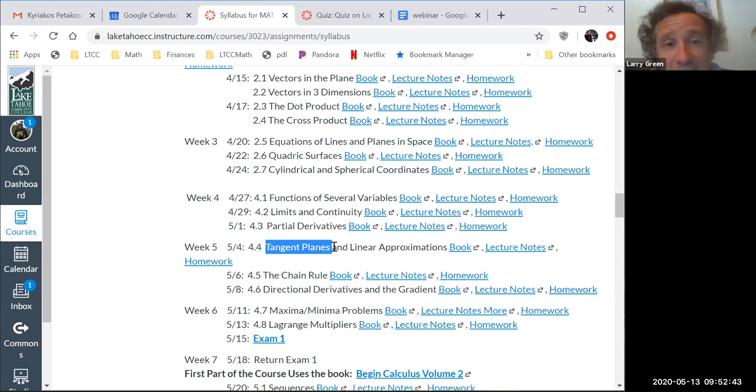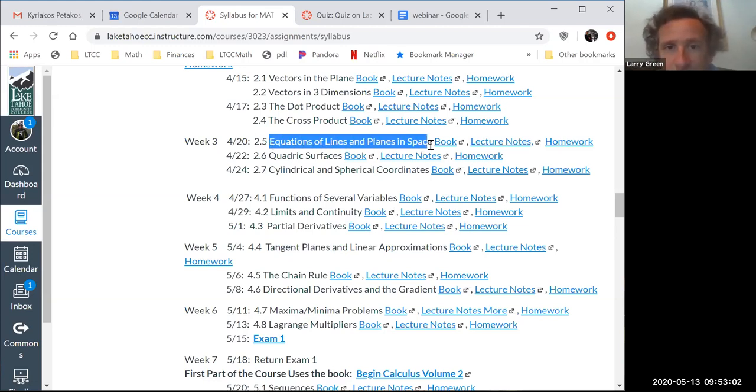Okay, so you have to understand equations of lines and planes. But if I were to ask a question on it, it would be in the context of tangent planes, because that was the whole point of doing this. So in terms of studying, it's the tangent planes that's more important than just the basics of planes. But if you don't know what a plane is, that's going to be a problem because you won't be able to do a tangent plane.